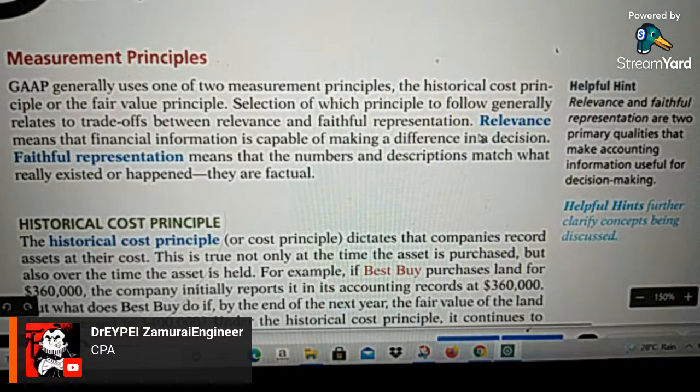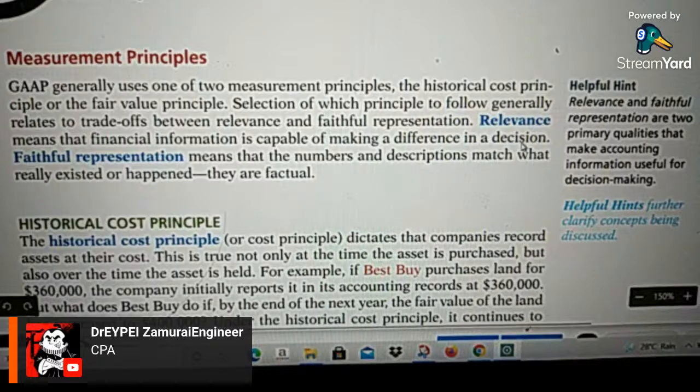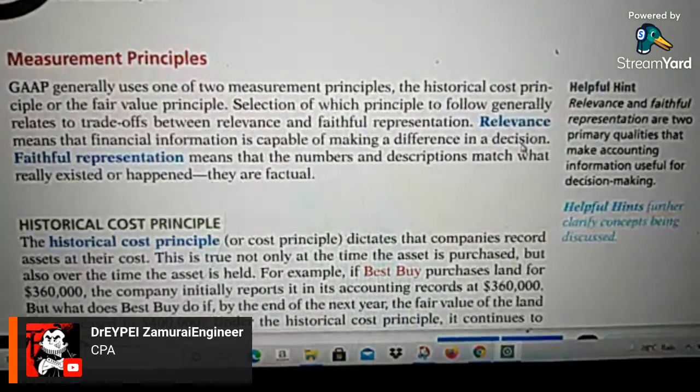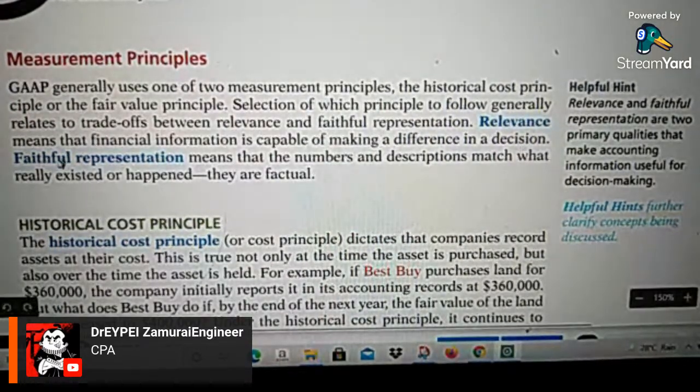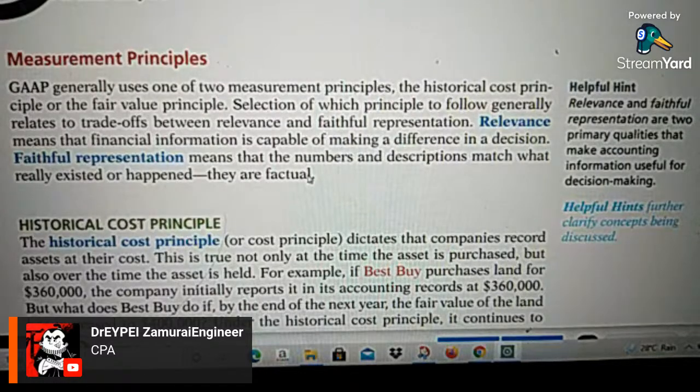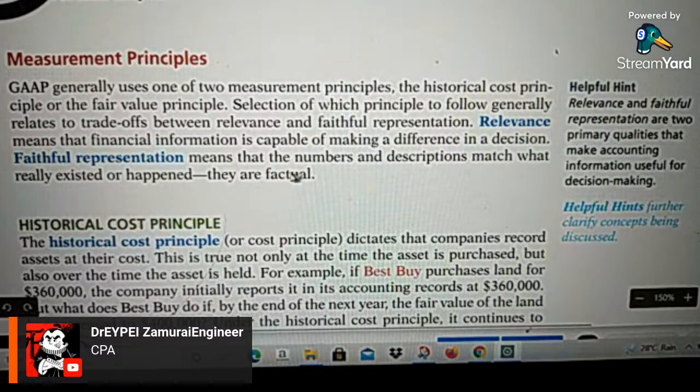Okay? Relevance means that financial information is capable of making a difference in a decision. That is what we mean by relevance. No? Faithful representation means that the numbers and descriptions match what really existed or happened. They are factual. Okay? Factual itong faithful representation.